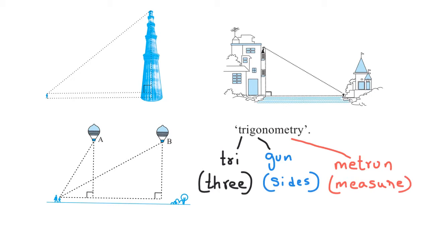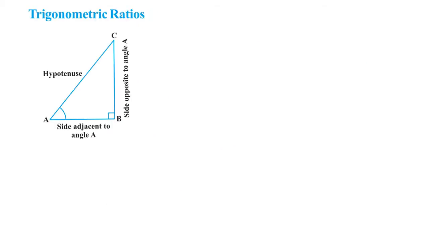In fact, trigonometry is the study of relationships between the sides and angles of a triangle. So in this lesson we will study about that relationship between the sides and angles of a triangle. We will first begin by studying the trigonometric ratios.